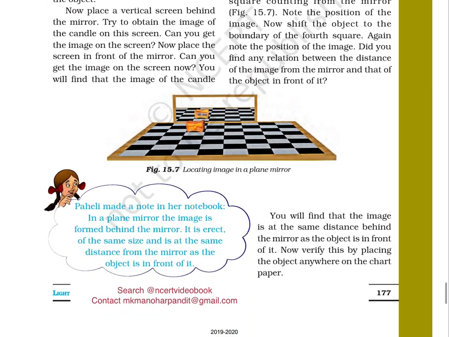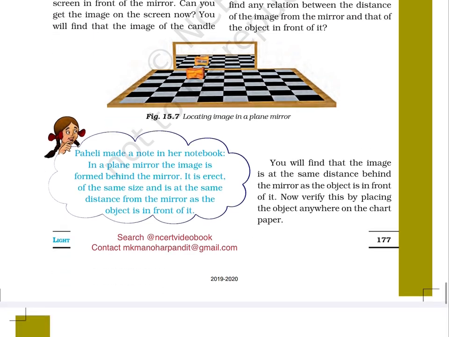Note the position of the image. Now shift the object to the boundary of the fourth square. Again, note the position of the image. Did you find any relation between the distance of the image from the mirror and that of the object in front of it? You will find that the image is at the same distance behind the mirror as the object is in front of it.